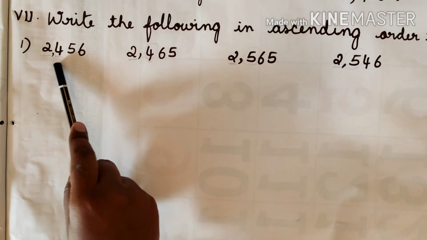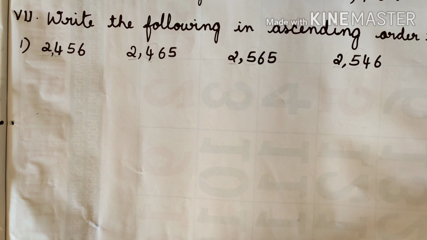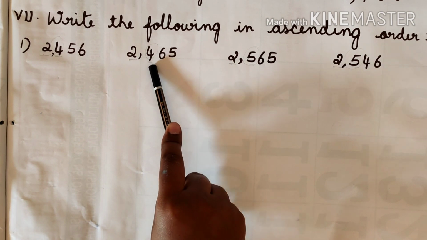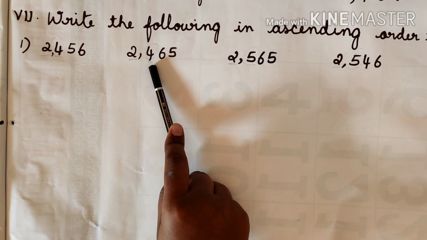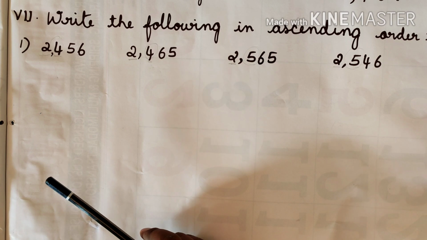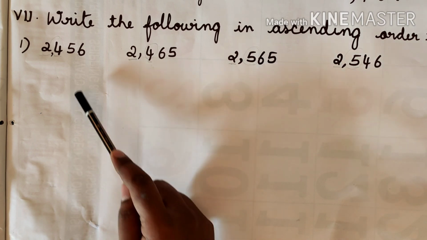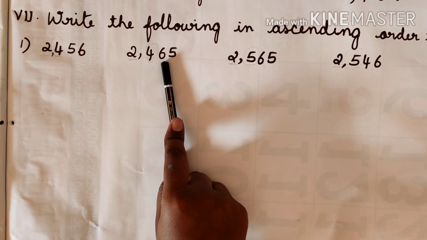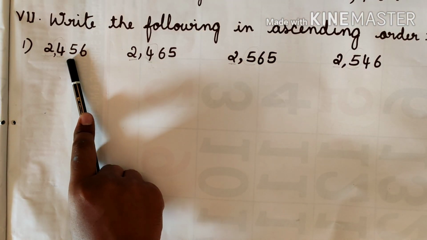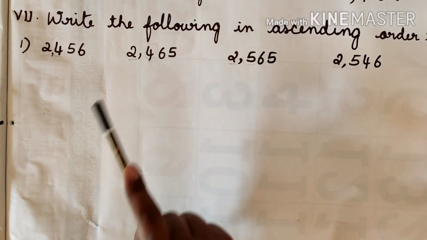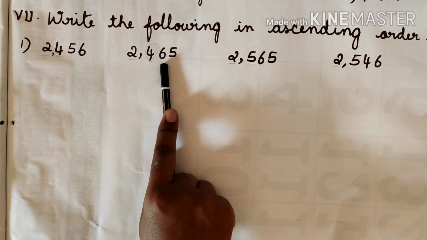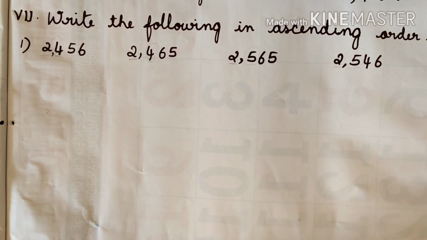Now out of these 2, which is the smallest number? Since we have hundreds same here, we have to move on to the next place. Which is the next place? Tens place. So let's see tens place. We have 5 here in tens place and 6 here in tens place. So which is the smallest of 5 and 6? 5 is the smallest.